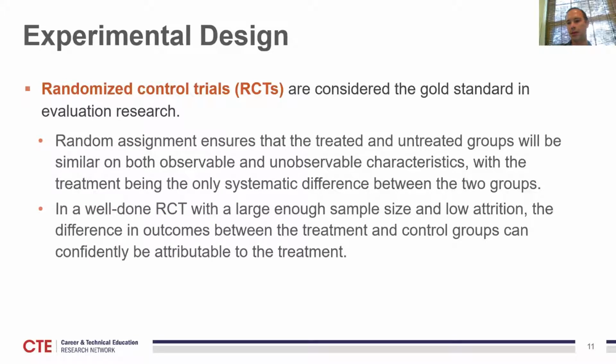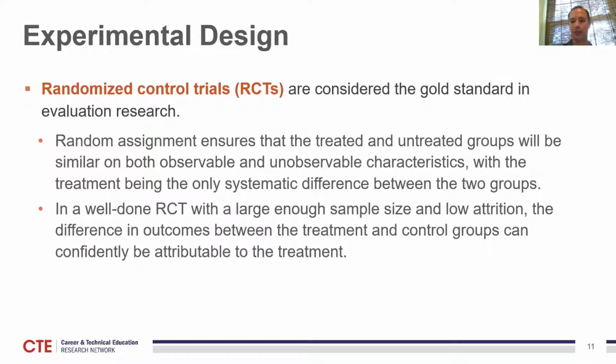Experimental studies or randomized control trials are studies that aim to answer research questions about causality directly. They have individuals, groups of individuals or institutions randomly assigned to receive a treatment or intervention, whereas others are assigned a comparison condition that might be status quo or business as usual.